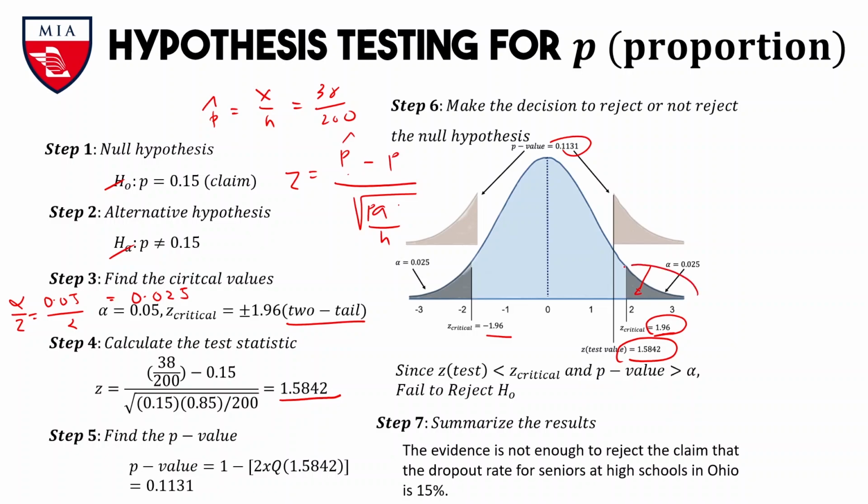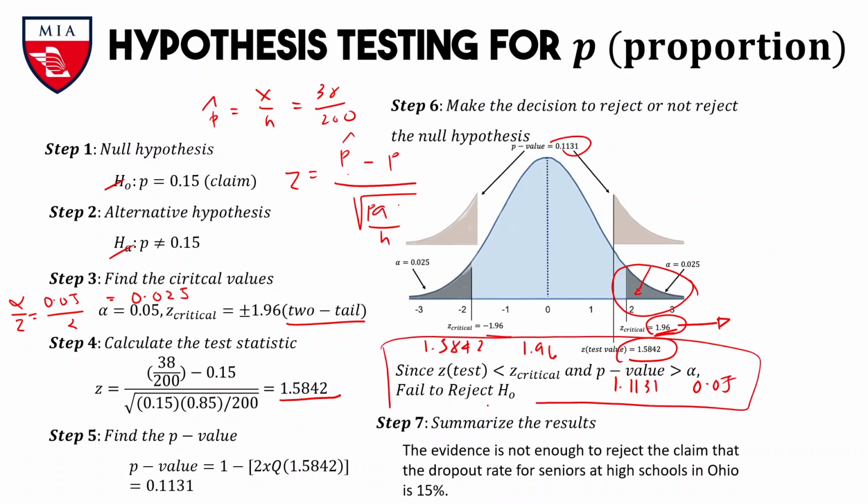Because the critical region starts from 1.96 up to infinity. Since the z-test value 1.5842 is less than the z-critical, and the p-value 0.1131 is greater than our alpha of 0.05, we can conclude that we fail to reject this hypothesis.